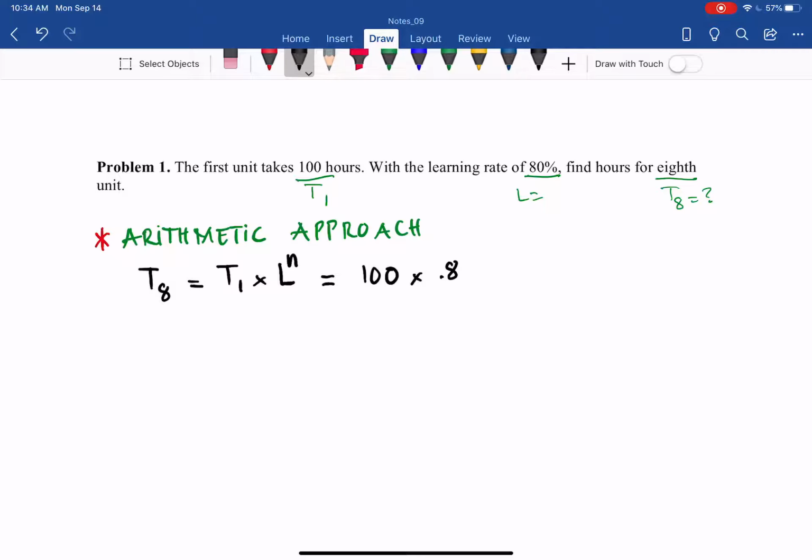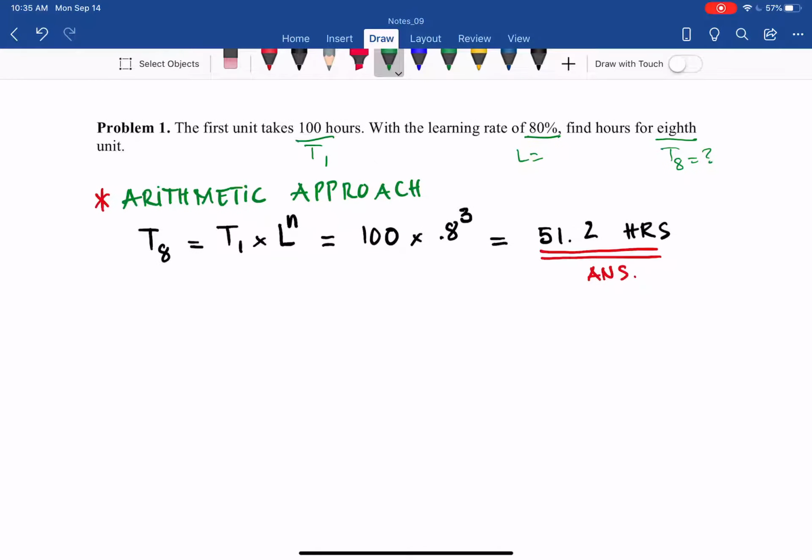From 1 to 2, one doubling; 2 to 4, one doubling; 4 to 8, another doubling. So it doubles 3 times, and n equals 3, which gives 51.2 hours. That is using the arithmetic approach.